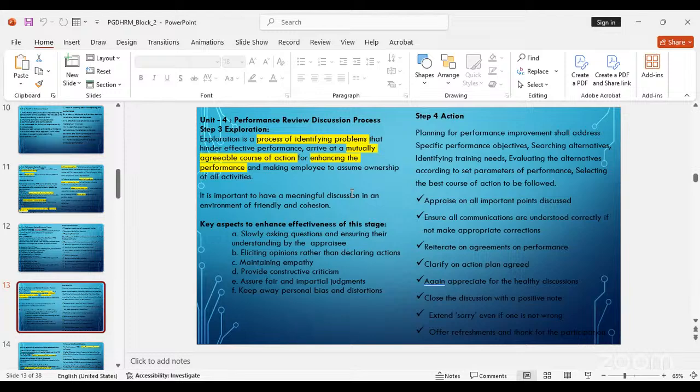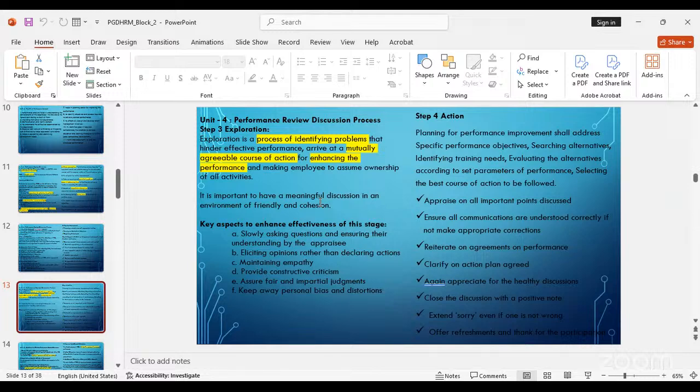This can be done by slowly asking questions, ensuring their level of understanding, eliciting options rather than declaring this has to be done or this has not to be done, maintaining empathy, providing constructive criticism, assuring fair and impartial judgment, and keeping away personal bias and distortions. All this will make the review more effective.